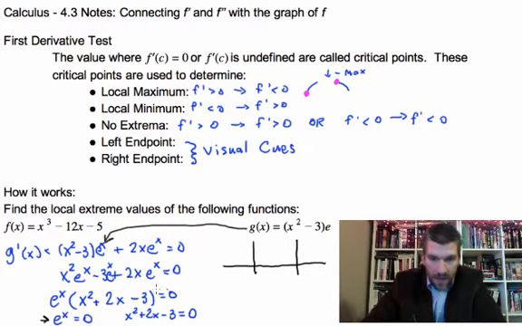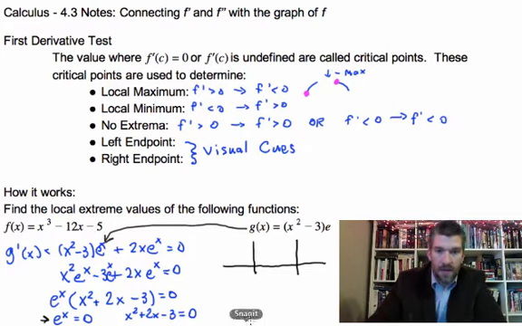But I can factor out my bottom, and when I do that, I end up with x plus 3, x minus 1. Notice that's going to give me a 2x in the middle. So I've got a 0 at -3 and a 0 at 1.